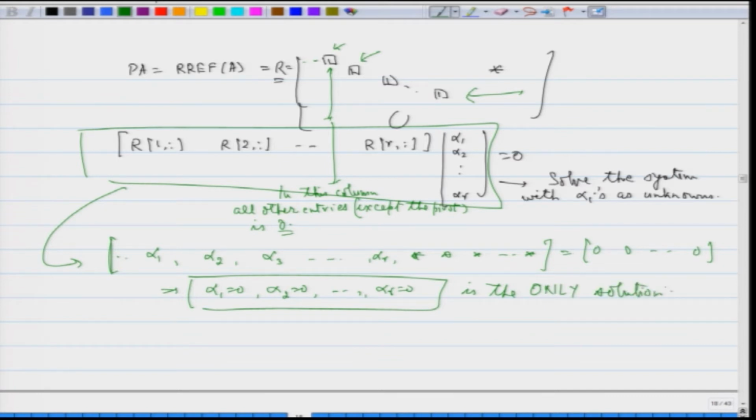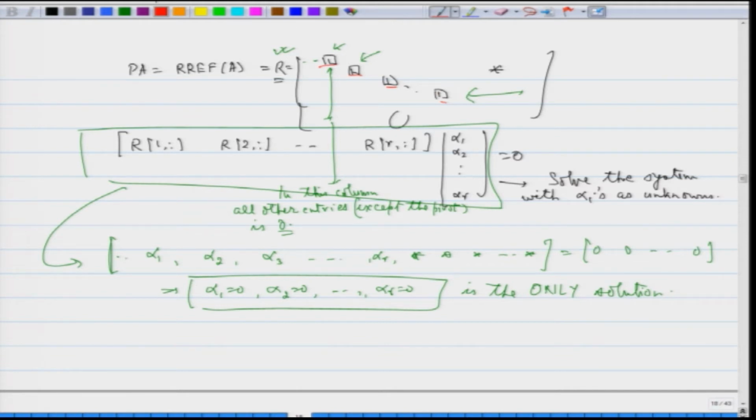Again, note it down, I am looking at the RREF of A. Once I am looking at the RREF of A, I know that there is a ladder like thing coming into play. Since there is a ladder like thing, these ones are appearing at different stages. Every other entry in those pivot columns is 0.